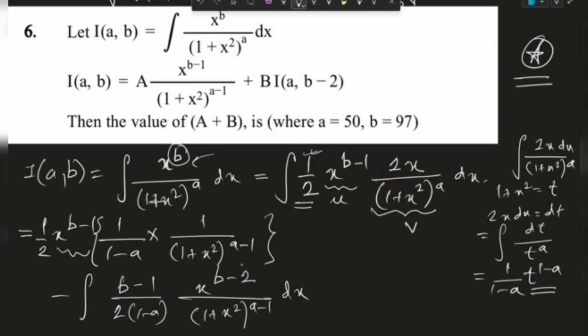Now this is actually where the breaking point of the question lies, this term. So basically what you can notice is I(a, b−2) here. Now we will try to break this thing particularly. I will show you how.